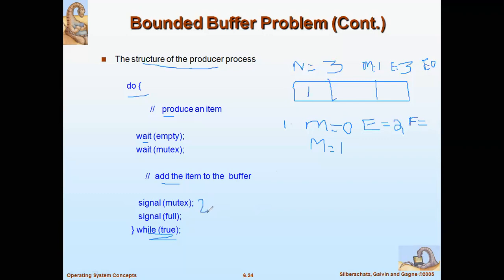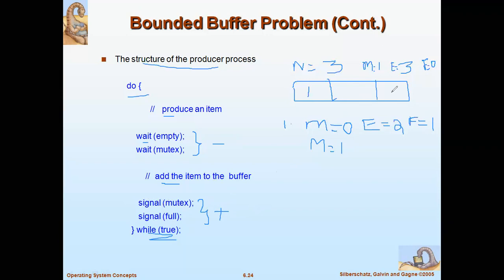So mutex is incremented from 0 to 1, and full is incremented from 0 to 1.